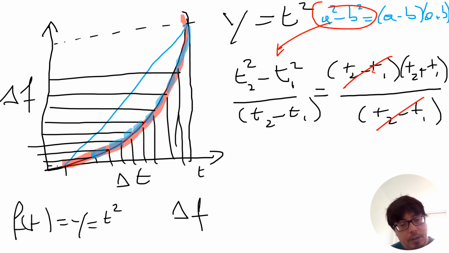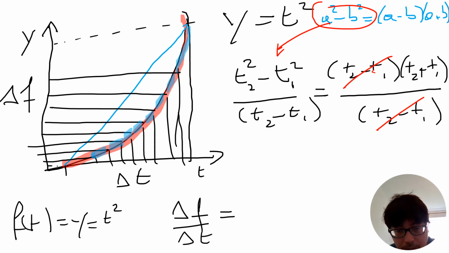Okay, just juggling with letters, but it will make sense, hopefully. This is delta f over delta t, so our derivative is, in this case, t2 plus t1.